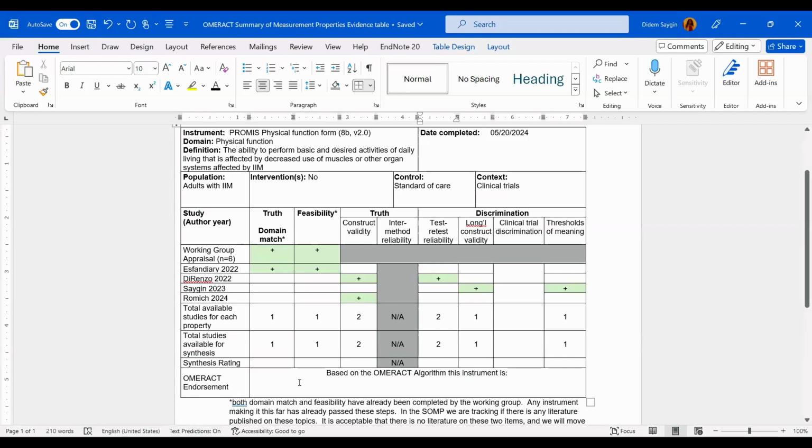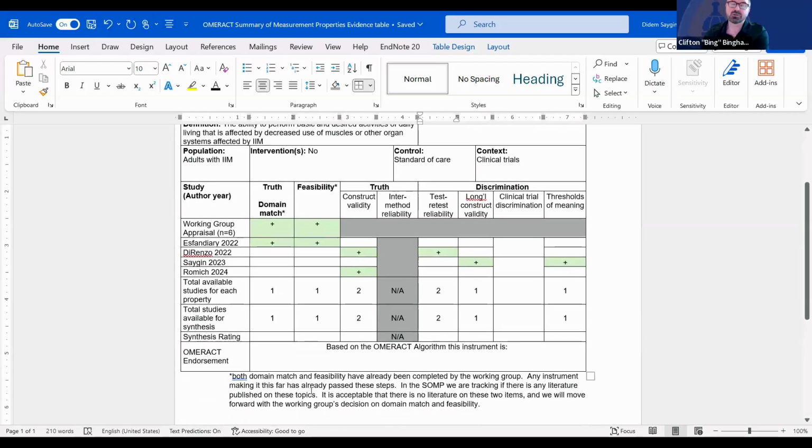So final, understood. Okay. Just a thought too, if your clinical trials are moving ahead, you may be able to also get thresholds of meaning through the trials if you incorporated an anchor in those clinical trials with each assessment.